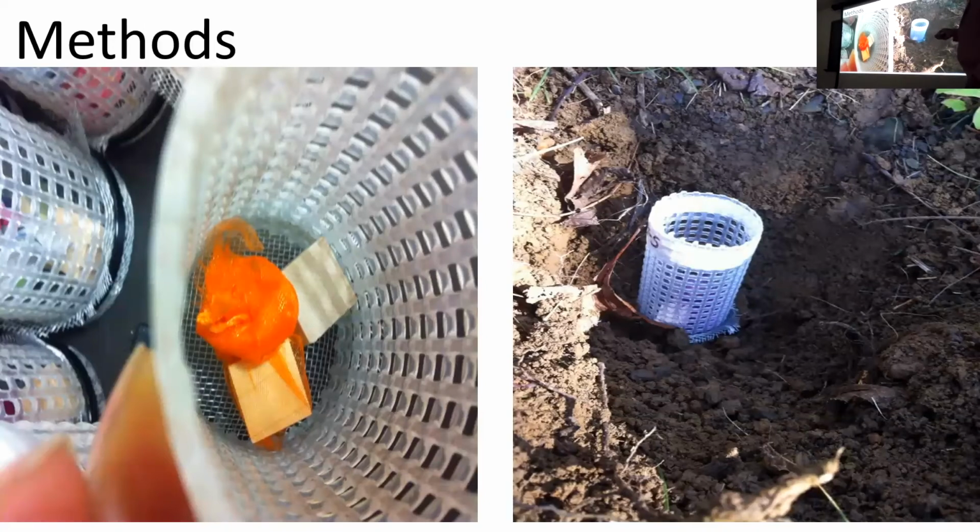Okay, so this is how we excluded the macroinvertebrates. Here's a mesh that's about 0.22 millimeters, and it's able to exclude the larger macroinvertebrates. And the wood substrate next to it, without the mesh, is such that macroinvertebrates are not being excluded or introduced.